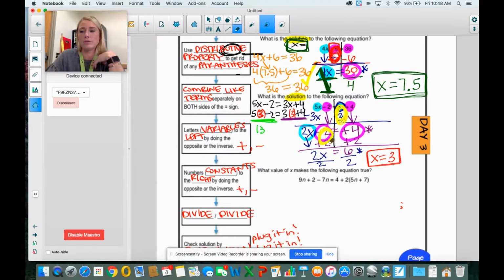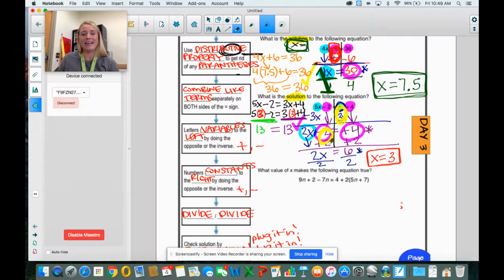So go ahead and do that now. Okay, and again, you should have gotten 13. In order for this to be a true statement, they have to equal each other. So I have 13 equals 13. Is that a true statement? Yes, it is. So yay, go us.